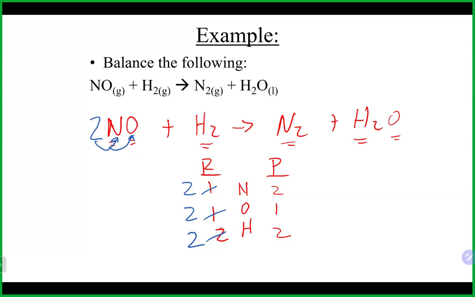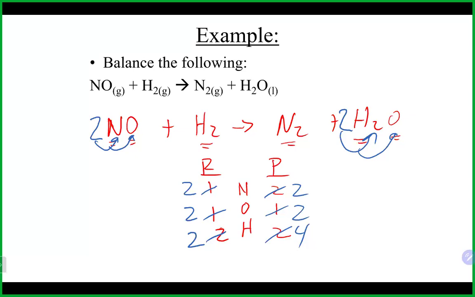And that's not a problem because I could easily go to the right-hand side and fix the oxygen by putting a 2 over here as well. That again goes to everybody behind it. And that would then give me 2 nitrogens, 2 times 1 is 2 oxygens, and now 2 times 2 for the hydrogen is 4.